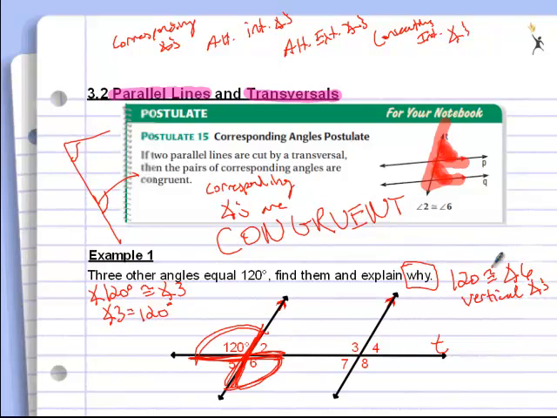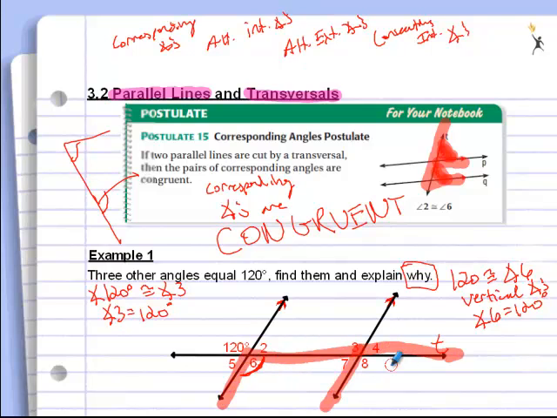So we're told that angle 6 and 120 are congruent because they're vertical angles, which means that angle 6 is also 120 degrees. There's 2 out of my 3. There's one more. Now, I'm not going to use the 120 anymore. Now I'm going to use angle 6 to try and find a corresponding angle. If I draw my F off of angle 6, I can identify that angle 6 and angle 8 are corresponding angles.